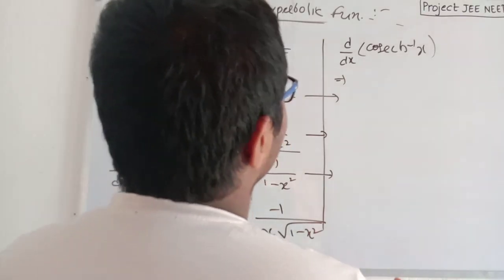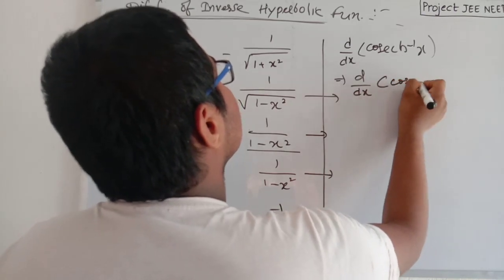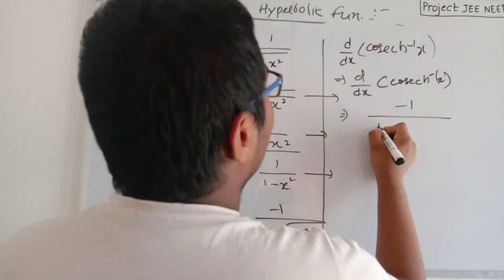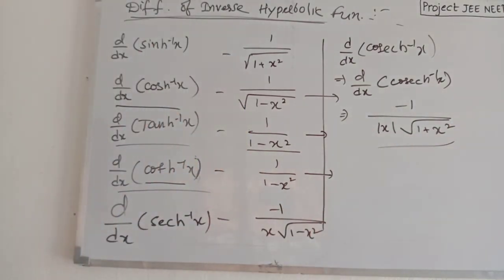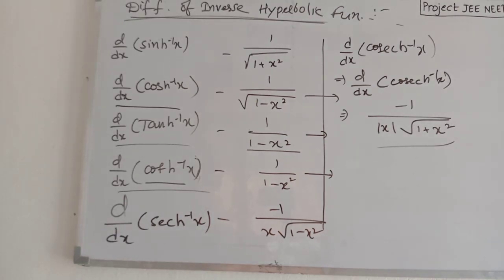Up to here you will note them, but d by dx of cosecant h inverse x is minus 1 by mod x into under root 1 plus x square. So the formulas are complete up to now, but we are still left with some formulas about determinants, parametric differentiation, derivative of implicit functions, and logarithmic differentiation.